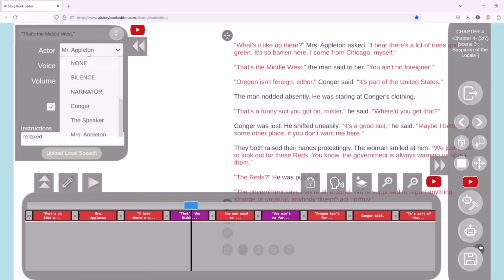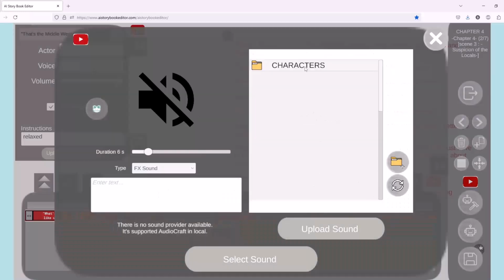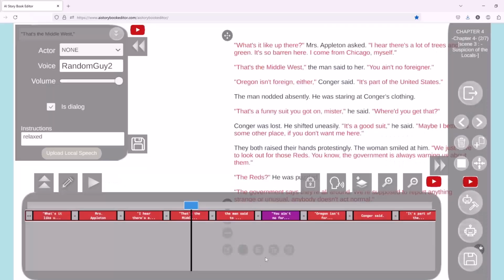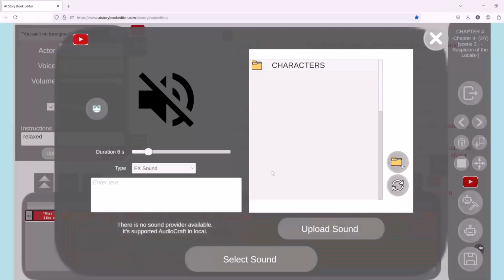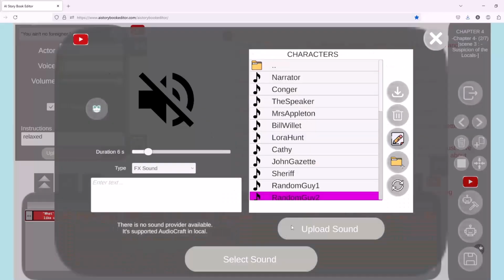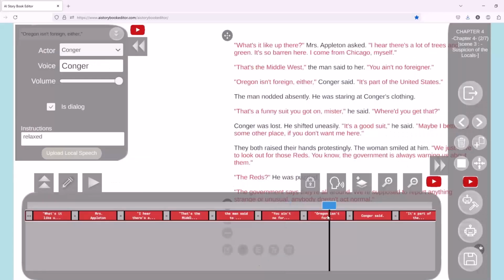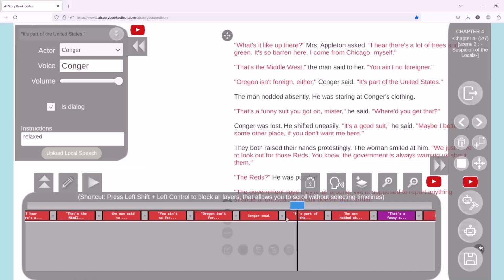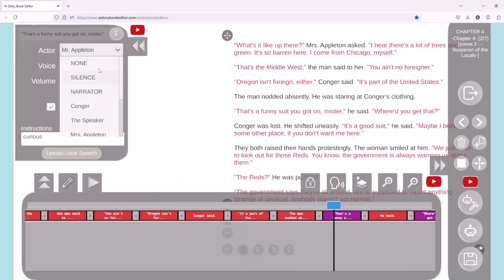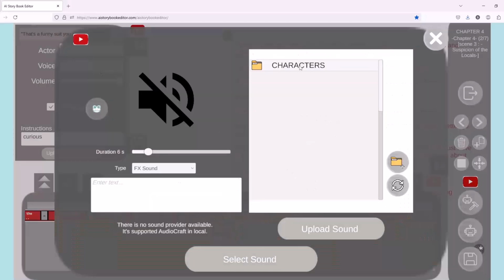This is Mr. Appleton. Okay. Conger, Conger, Mr. Appleton.